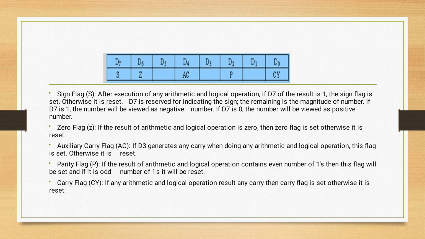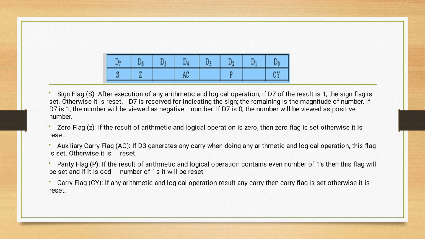Then bit position 2 or D2 is called parity. Then D3 is undefined and D4 is known as auxiliary carry AC. D5 is also undefined, D6 is for zero flag and D7 is for sign flag.